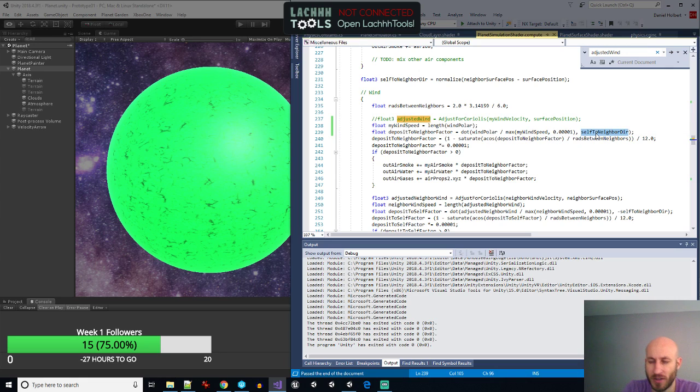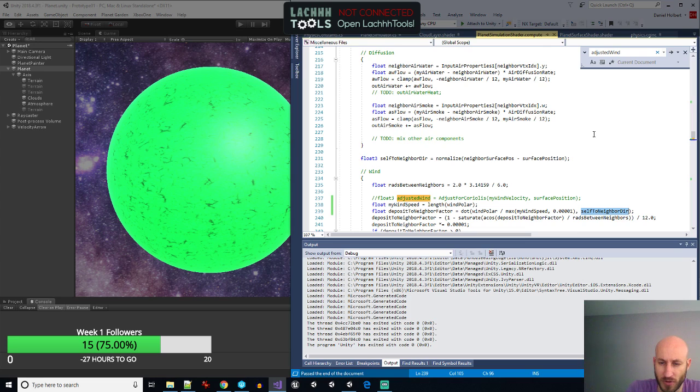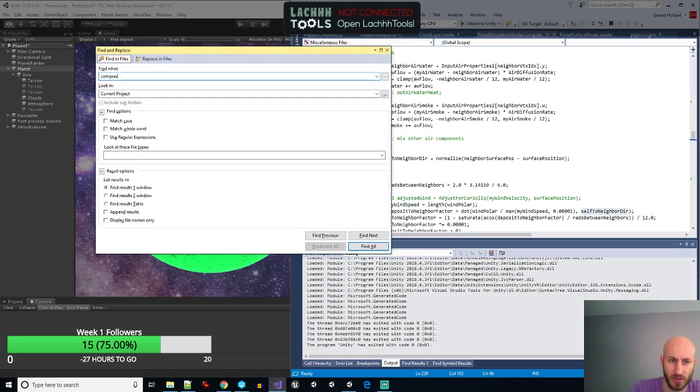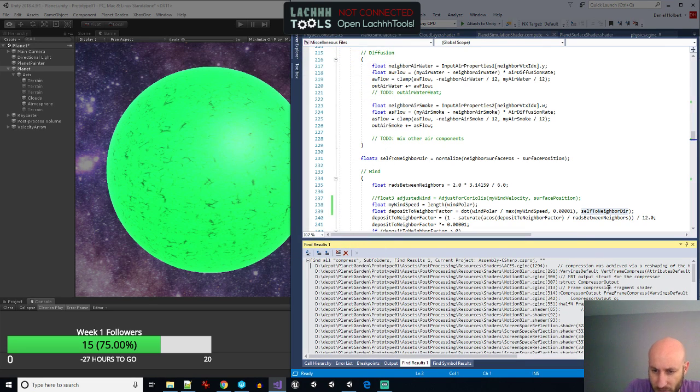But what I need to do is take this vector and make it in that polar coordinate system. So I'm going to look for how I built that.